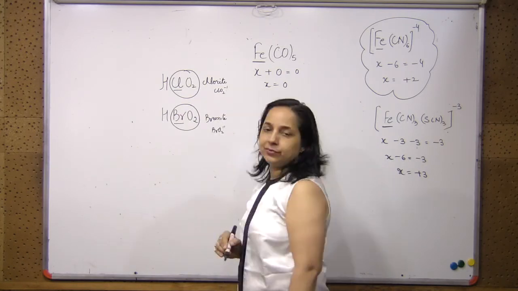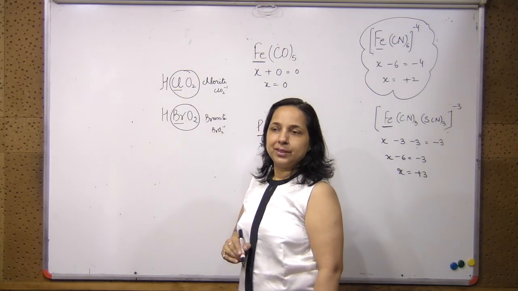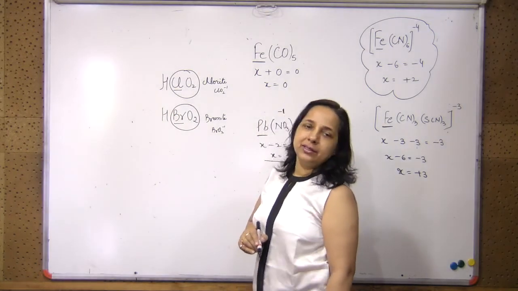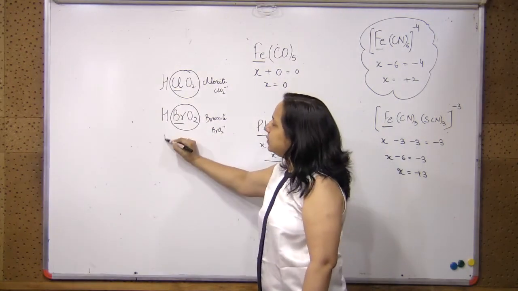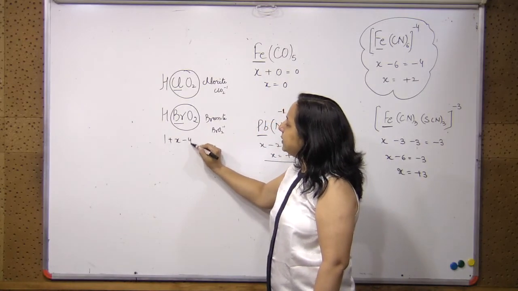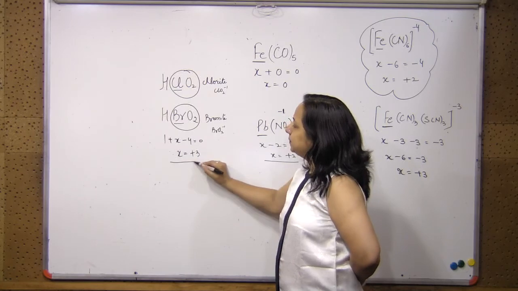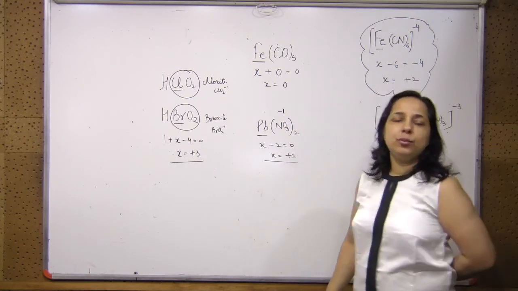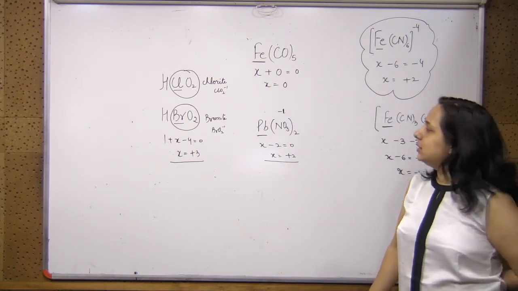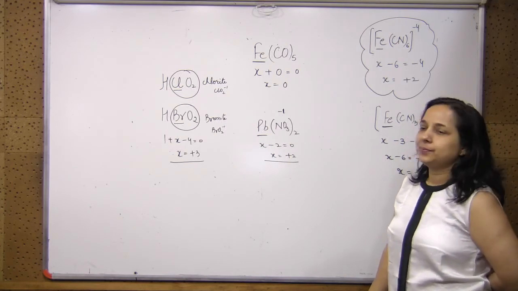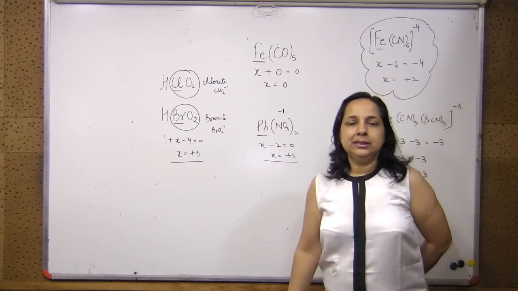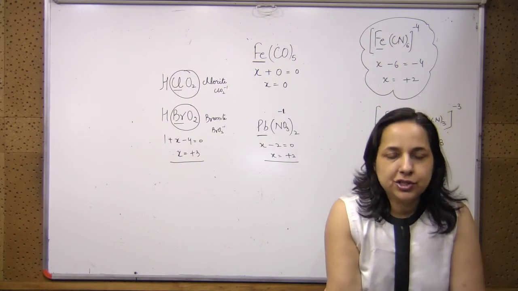BrO2 1 negative. Right? So we can calculate the oxidation number of bromine as 1 plus x minus 4 is 0. x comes out to be 3. So chlorine and bromine both are having plus 3 oxidation state. This is how we can calculate oxidation number.